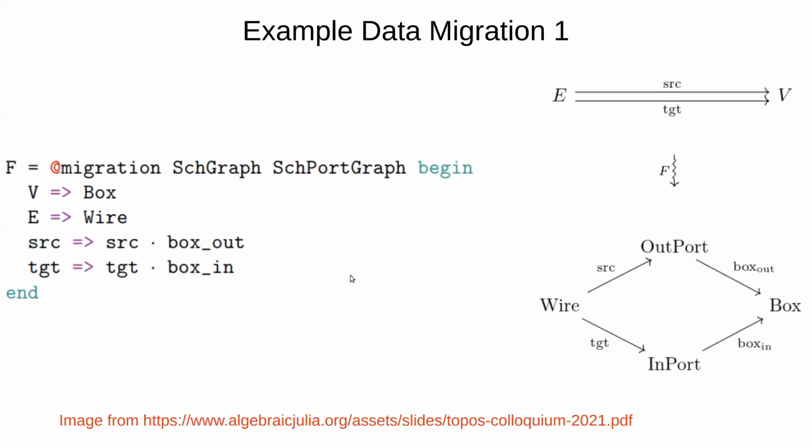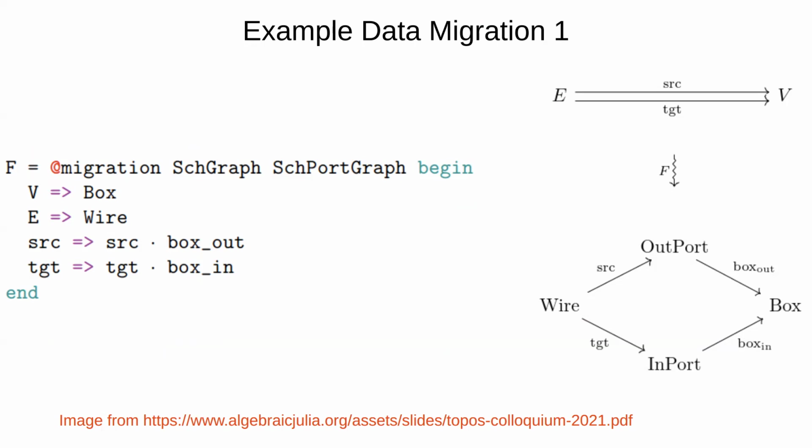So I want to give you a flavor of data migration because we're going to be using it for our rewrite rules. Again, this is one of these things where these concepts touch a lot of things, just like adjunctions earlier touched a lot of things. They were about data migration, but they're also about structured cospans.